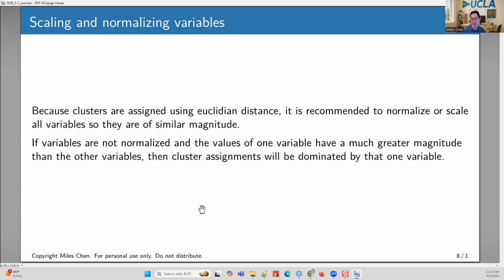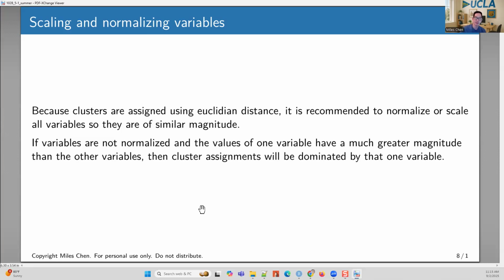Again, using height and weight as an example, if you use weight in pounds and height in inches as your baseline values, then the weight variable will tend to dominate just because its values are much bigger and there's a much bigger range for weight. So you normalize everything and get z-scores, and then you don't have as much of a problem there.